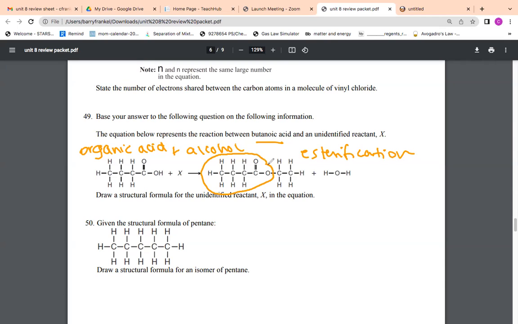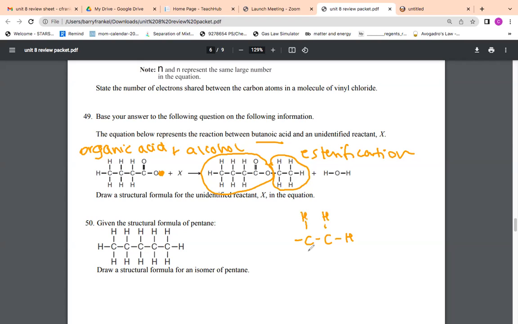This came from my organic acid right here. What comes off of the organic acid is the hydrogen. So the hydrogen goes bye-bye. And then the other reactant over here, it's my alcohol. It's going to attach itself to this oxygen. So this is where my alcohol came from. Okay, so I'm going to draw that out.